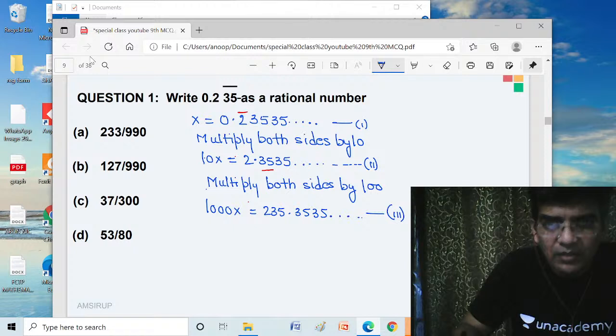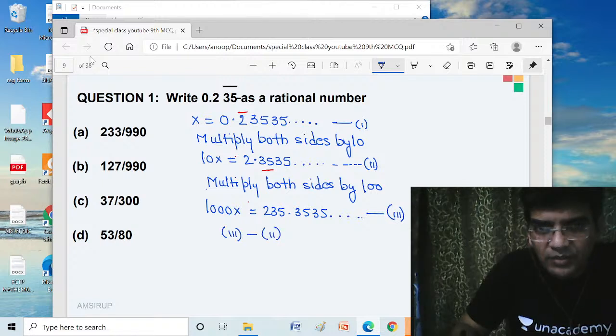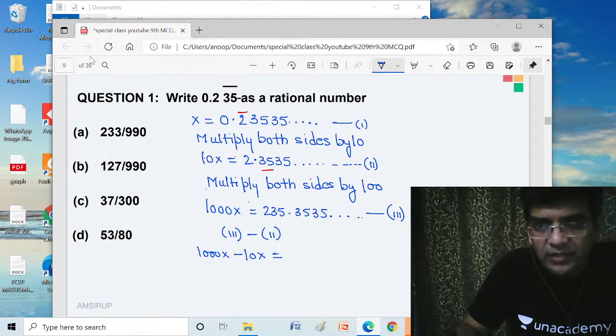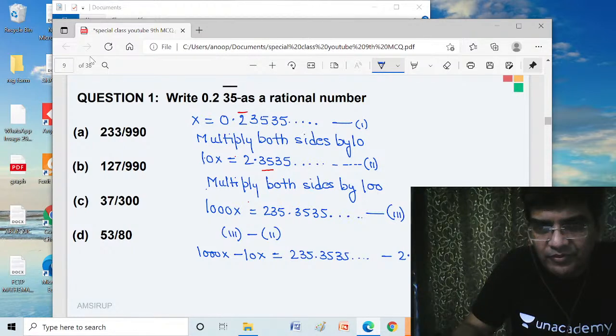On the left side I get 1000x minus 10x, and on the right side I subtract 2.3535, the repeated one.